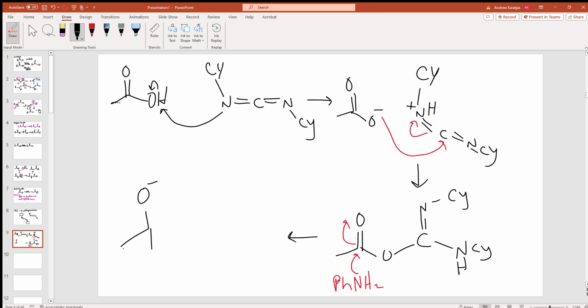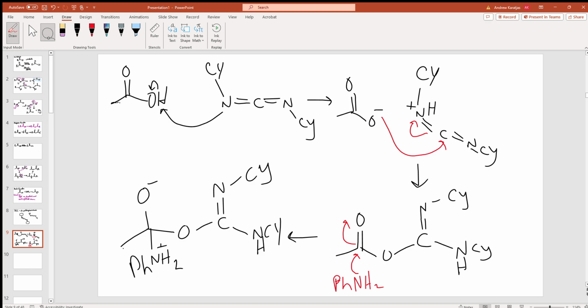This, as we see for many acyl substitution reactions, will make our tetrahedral intermediate. At this point, that positively charged nitrogen is going to lose its proton. It's become neutral, so let's copy the structure down to the next page.